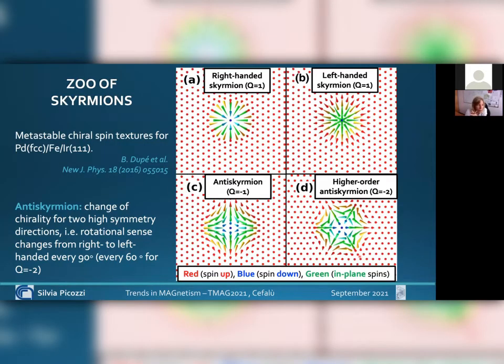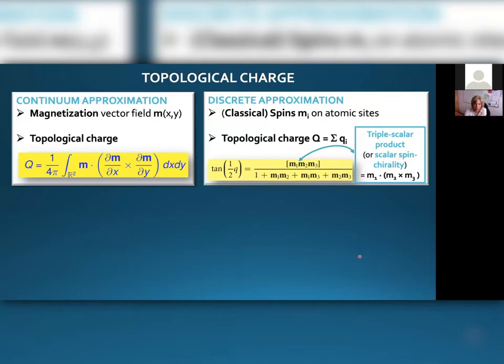The way that people characterize the various kinds of skyrmions, which you can see here, I have skyrmion and anti-skyrmion, is through the topological charge. Here I have a complex magnetic distribution, so the magnetization is a vector field with many different directions, and I can estimate in the continuum model my topological charge in this way.